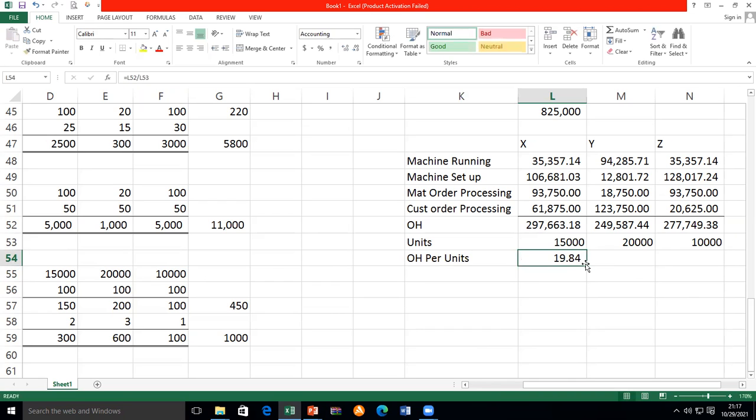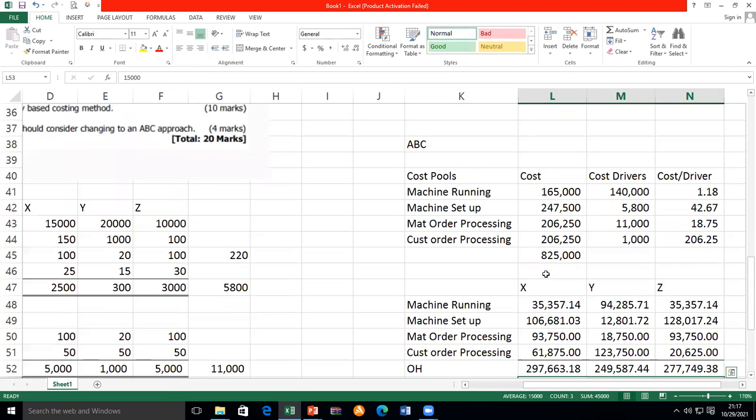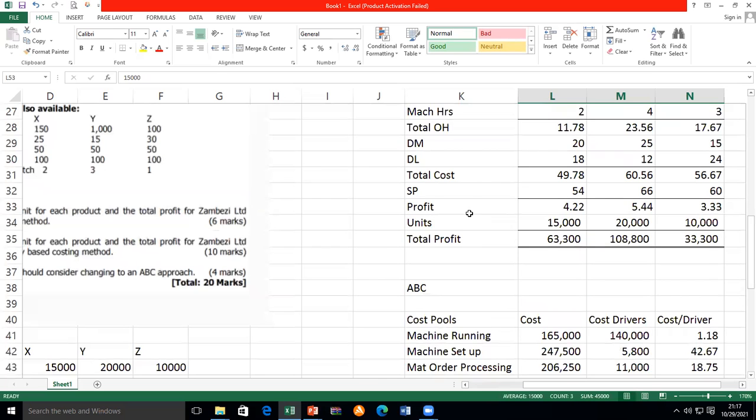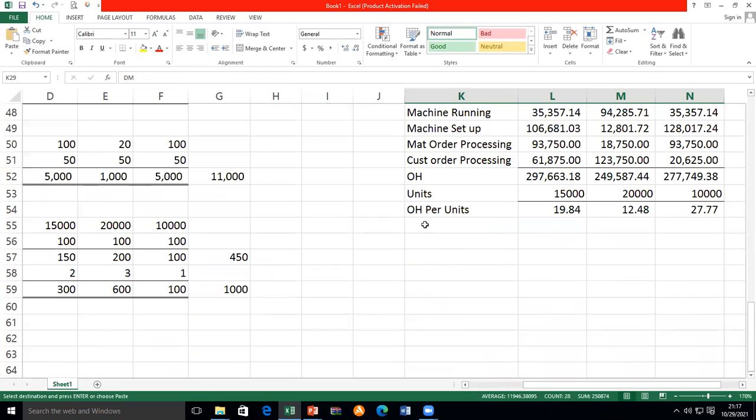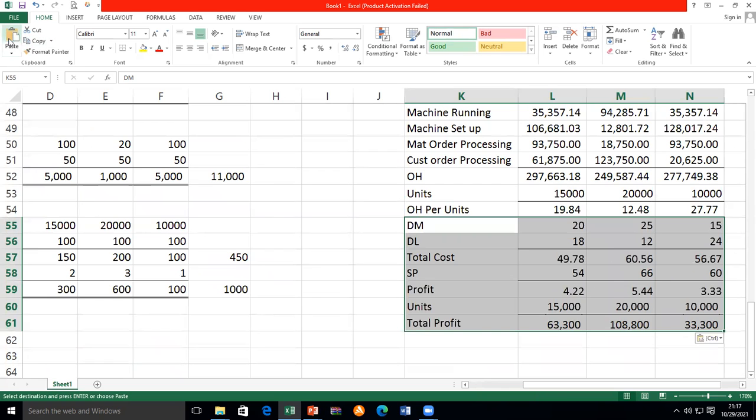So that's what we have. So these are the overheads that you are now charging. The other items don't change. These items will not change. We pick them up from here. We come here. We do that.